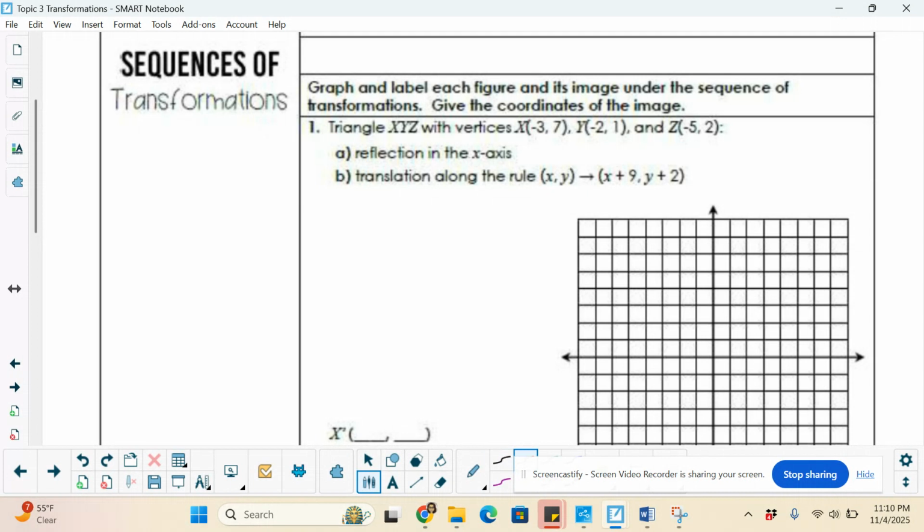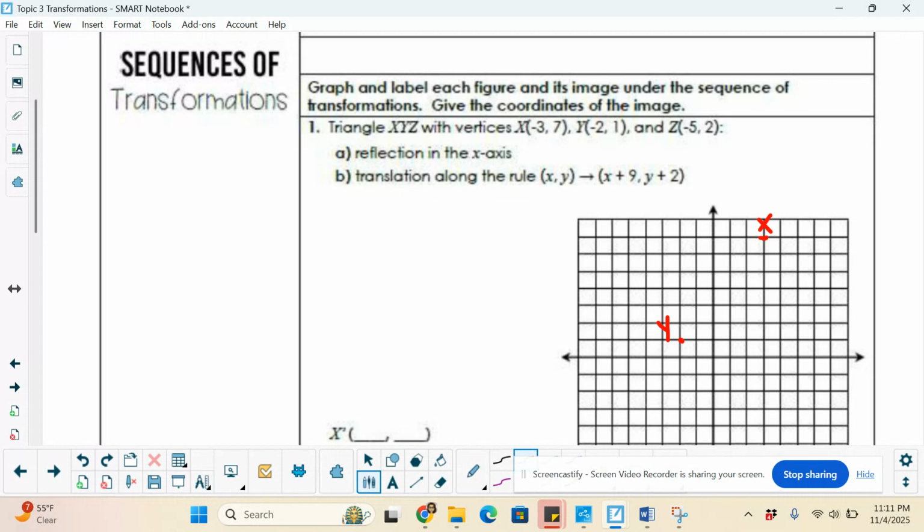So I'm going to draw my triangle, my pre-image. So I've got 1, 2, 3, 1, 2, 3, 4, 5, 6, 7. That is my x. And then I've got -2, 1. That's going to be my y. And then I have z, which is -5, 1, 2, 3, 4, 5.